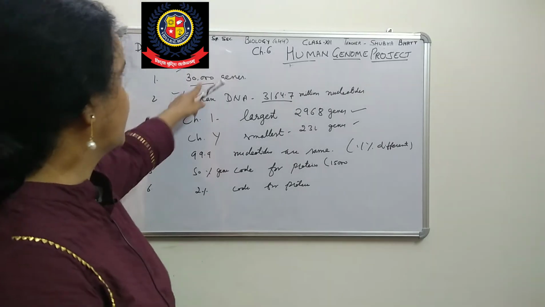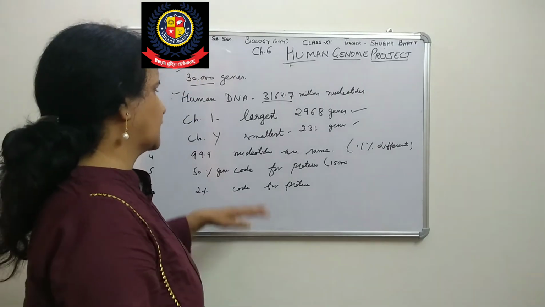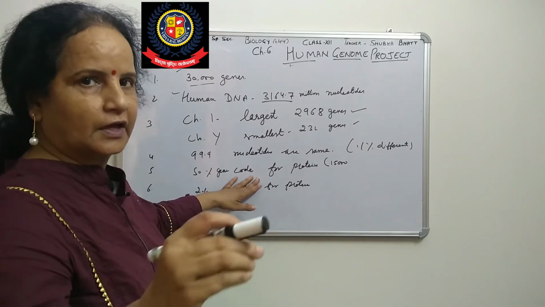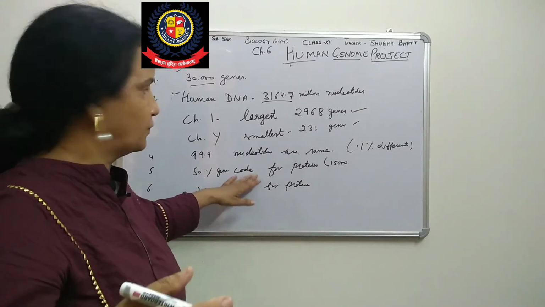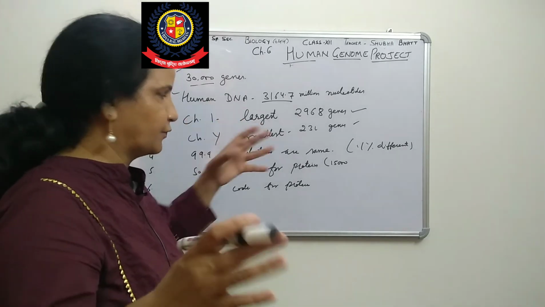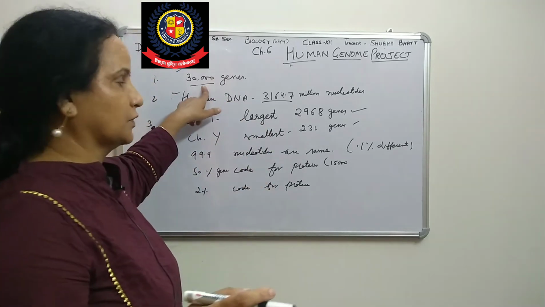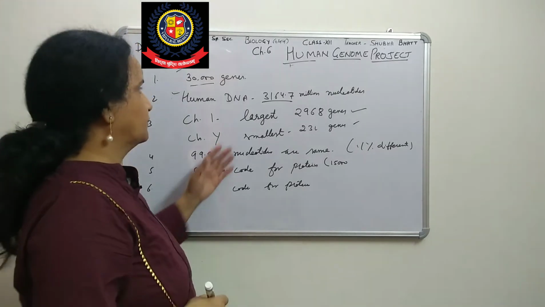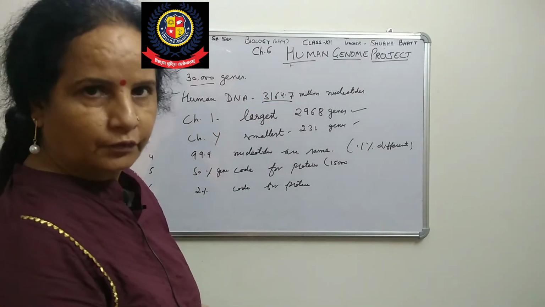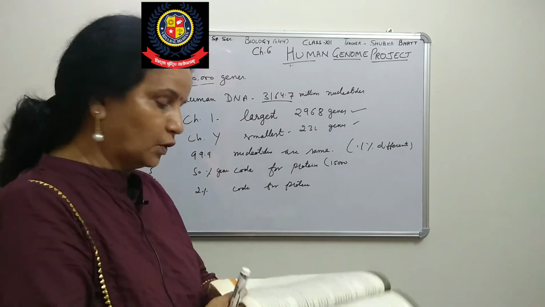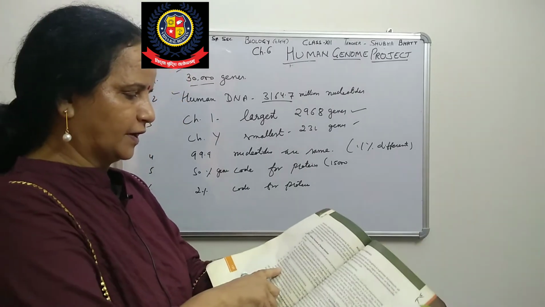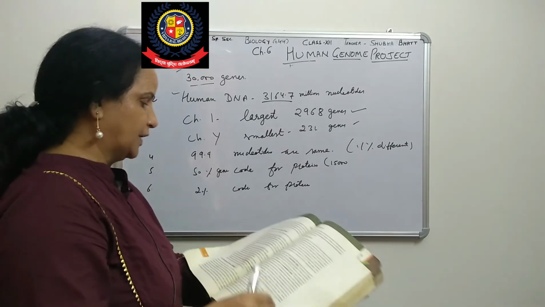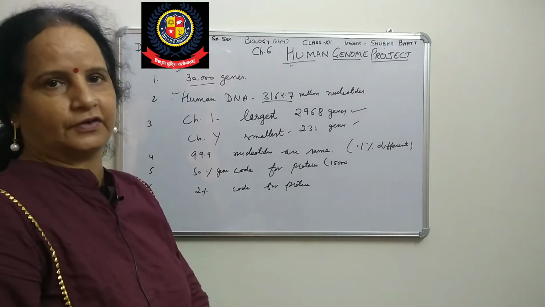Whatever we have found, for 50% of the genes we do not know the functions. Only 2% of the genome codes for protein.